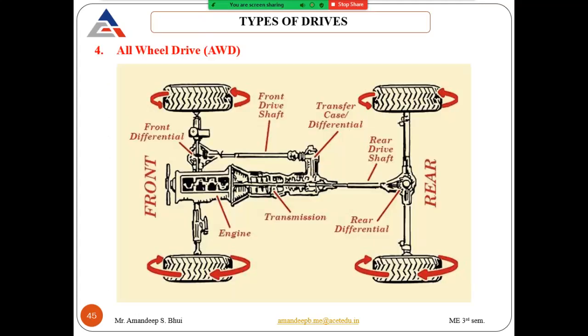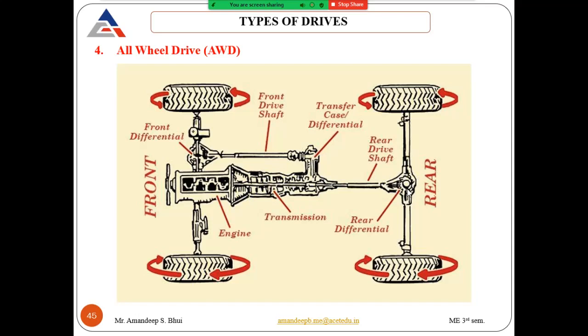Now comes all wheel drive. In this all wheel drive, the engine is placed at the front. Then comes the clutch part, then the gearbox. The transmission system comes in, and then we have two differentials here. One differential is attached at the rear axle.